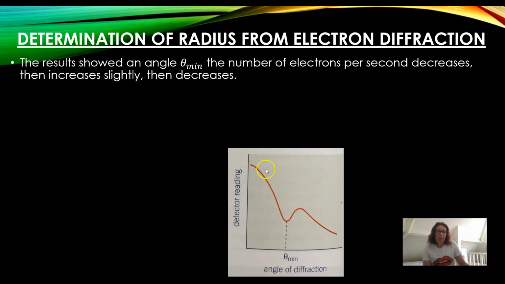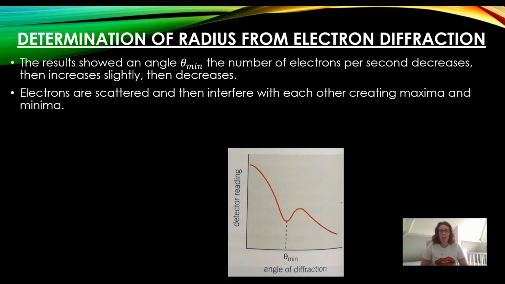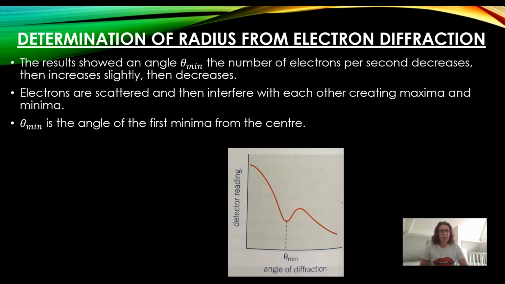This is the same as a diffraction pattern with light: because the electrons are behaving like waves, there is cancellation and you get a minimum. That theta minimum is where you get the least number of electrons per second. The electrons are scattered, they interfere with each other, creating maxima and minima, and theta minimum is the angle of the first minima from the centre.